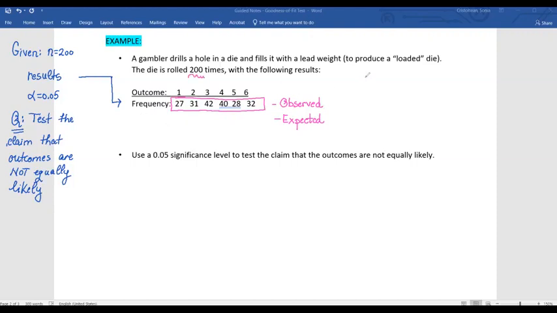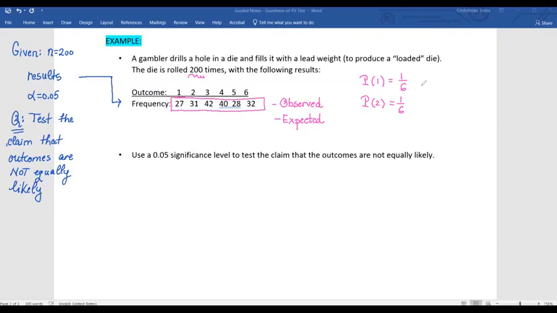The probability of rolling a 1 is 1 in 6, right? The probability of rolling a 2 is 1 in 6, and so on, if we have equally likely outcomes. So when you roll it 200 times, you multiply this by 200 to get the expected count for a 1. All of this will be equally likely.